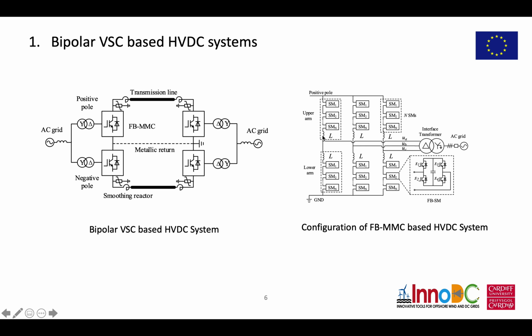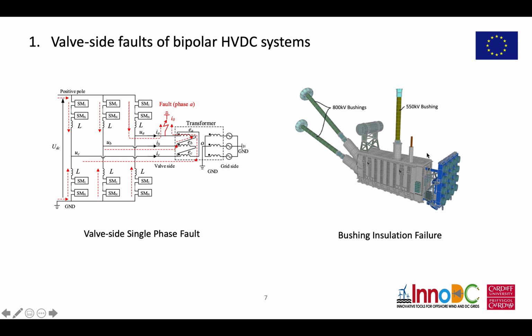The detailed configuration of the MMC-based HVDC system is given here. This is the MMC converter, and this is the interface transformer. The converter is connected with the AC grid through an interface transformer.